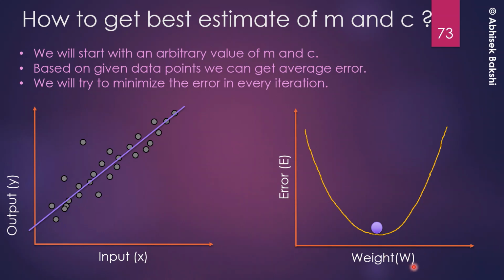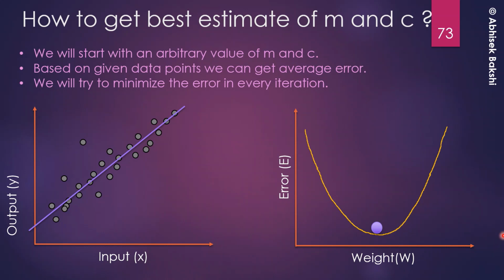The value of W can be on this side, and also can be on this side, as an initial value, right? So naturally, when you start your journey of minimizing the error, your ball, or this particular error, may start from this side or may start from this side, but whatever, it has to go downwards and come back here, right?